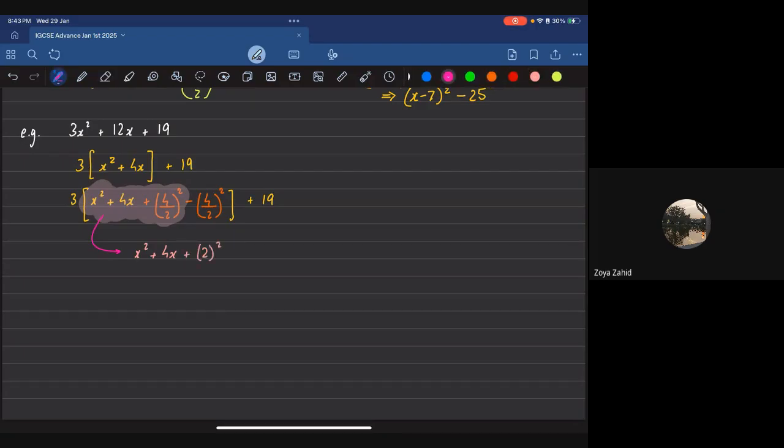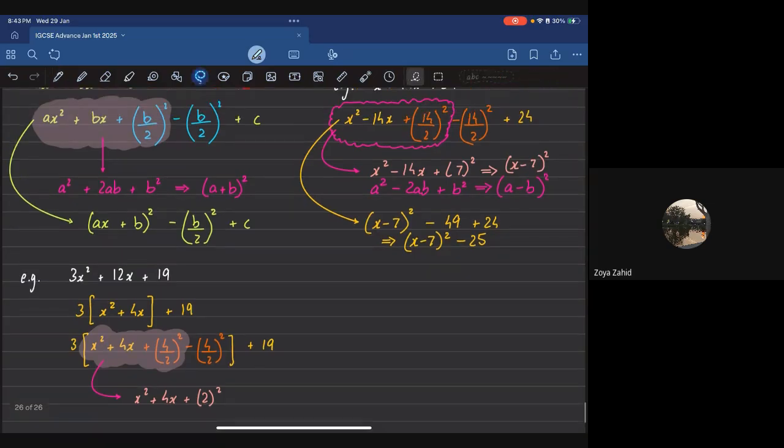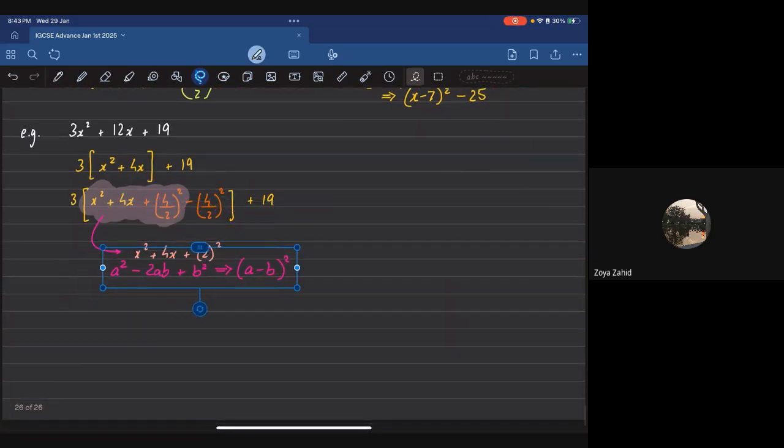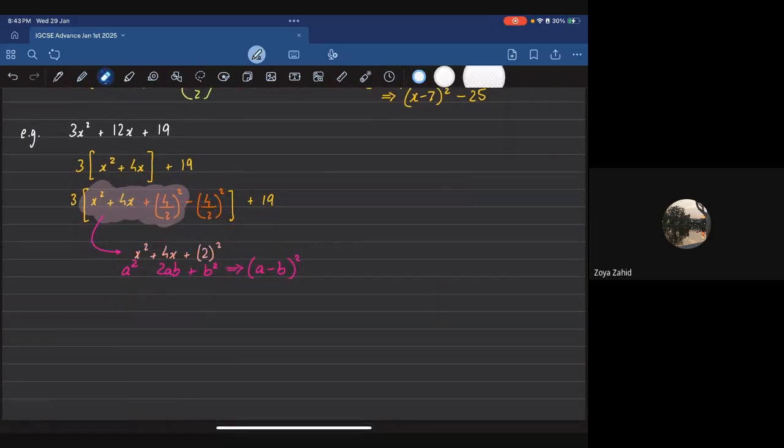So this can be written down the same way that we did over here, but this time the small tweak is that it's a plus b. So it's a plus b. So this can be written down as x plus 2 whole squared.